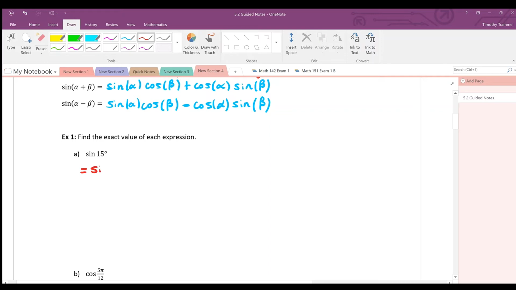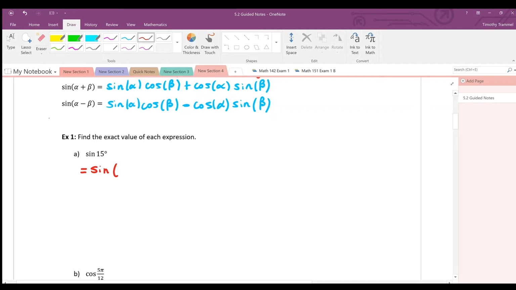So what I'm really looking to do is look for combinations of 30, 45, 60, 90, combinations of these nice angles that we're used to seeing on the unit circle, that either add or subtract to 15 degrees.